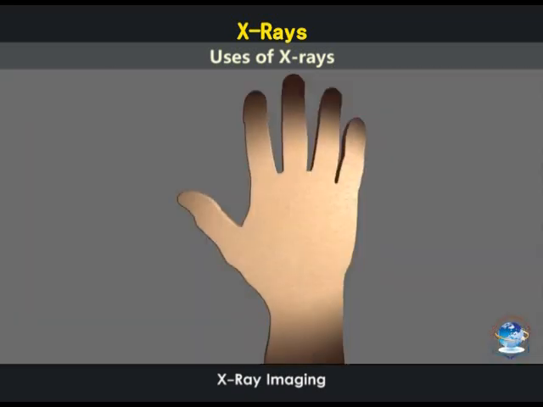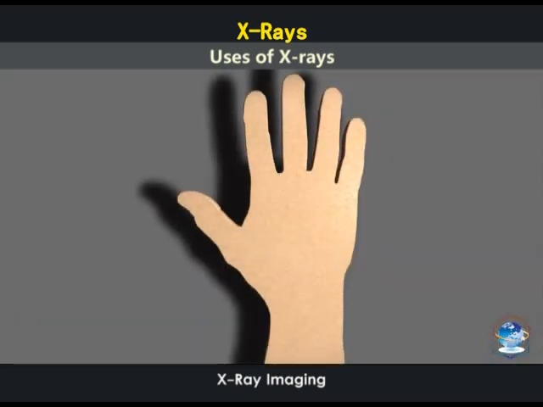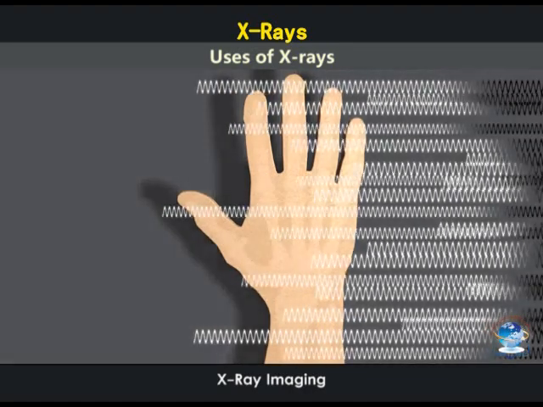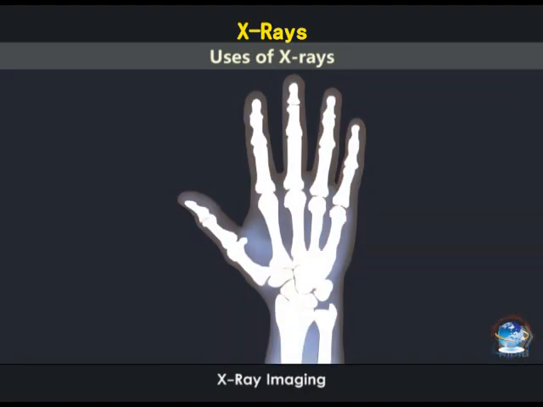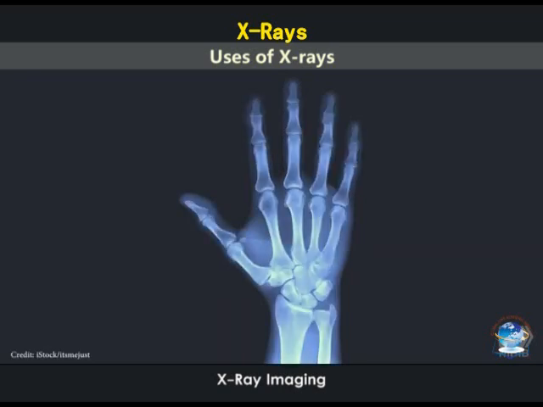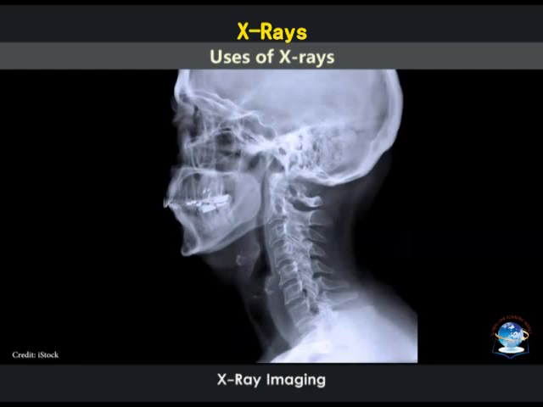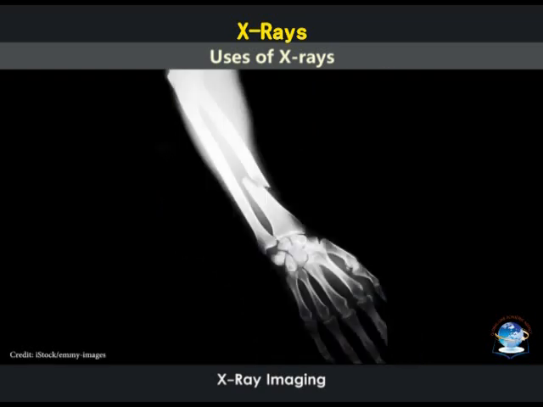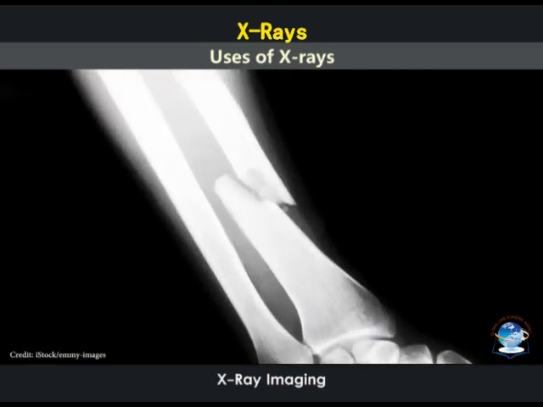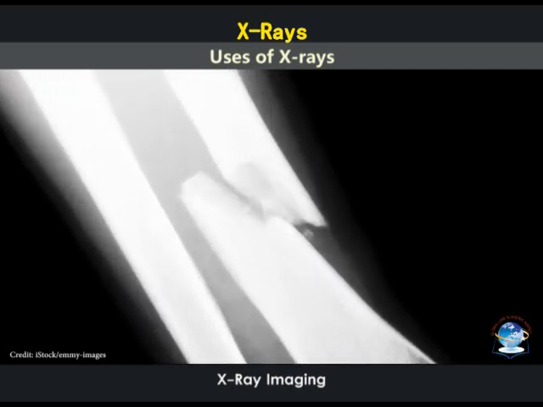Just like a hand placed in the path of light casts a shadow behind it, X-rays directed at the body produce a shadow on the opposite side that can be registered on films or on digital sensors. So the bones are clearly visible, while soft tissues like muscles are shadowy. As a result, the two-dimensional images formed by X-rays are useful in revealing fractures within the body.